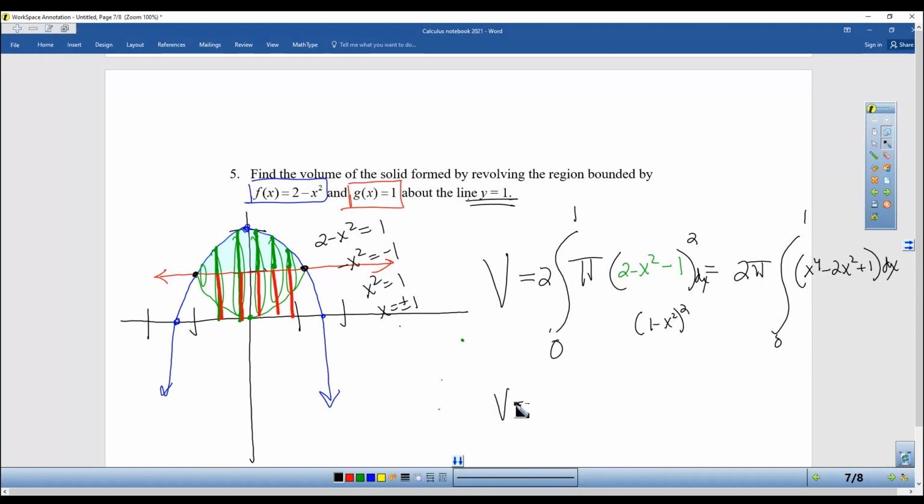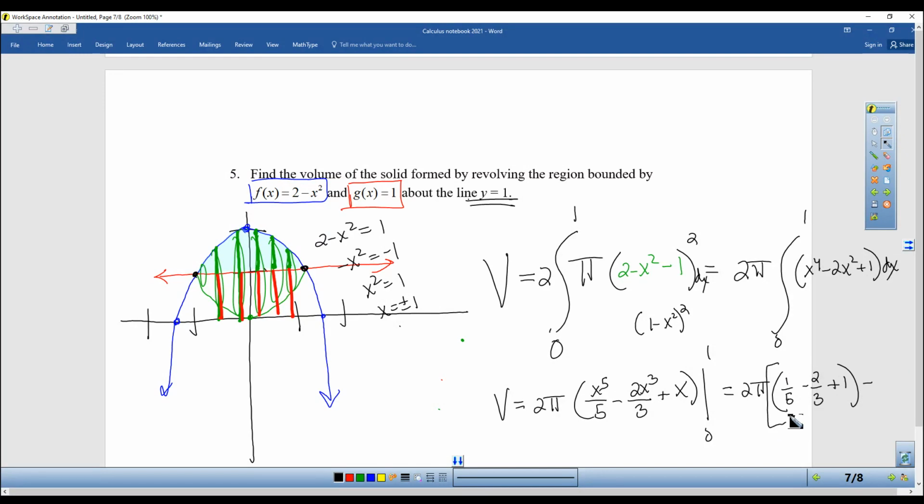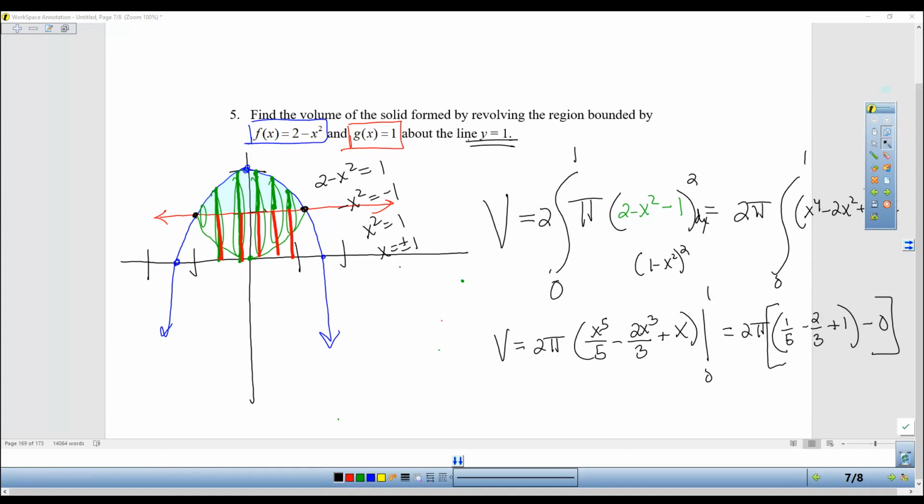The volume is going to be x to the 5th over 5 minus 2x cubed over 3 plus x from 0 to 1. When I plug in a 1, I get 1/5 minus 2/3 plus 1, minus, when I plug in a 0, I get 0. But notice I keep plugging in 0 because sometimes you do get a number there.